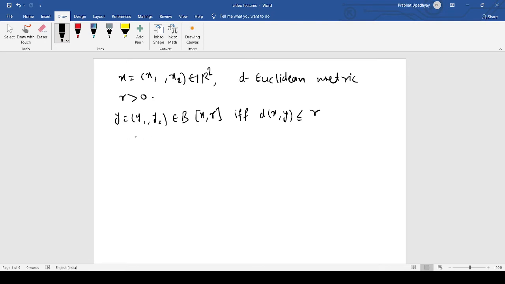As in the last case, this is possible if and only if the square root of (x1 minus y1) squared plus (x2 minus y2) squared is less than or equal to r.